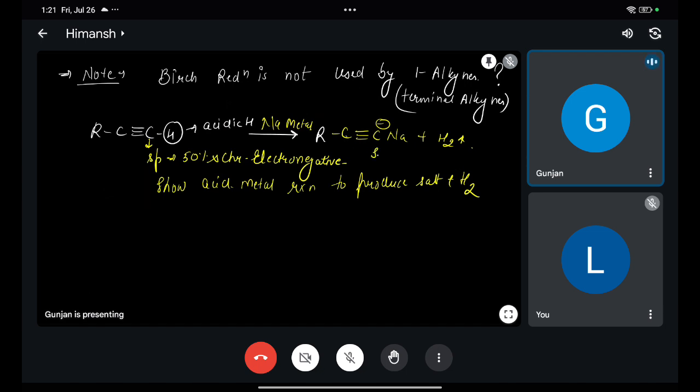So a salt is formed, which is inactive for the alkene formation. Is it clear? Yes, ma'am, clear now.